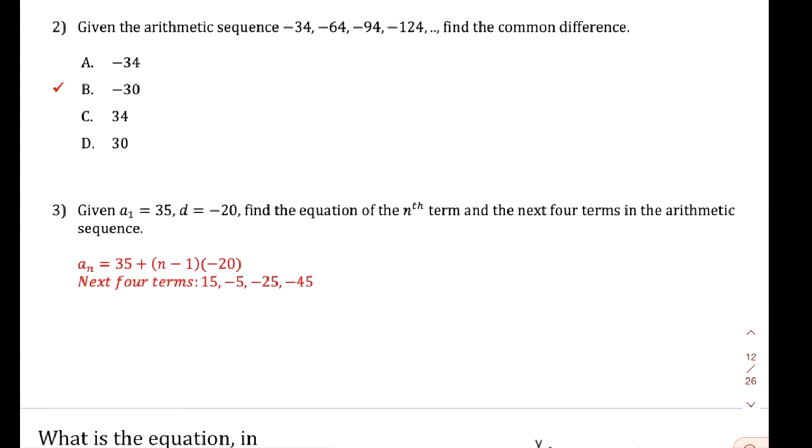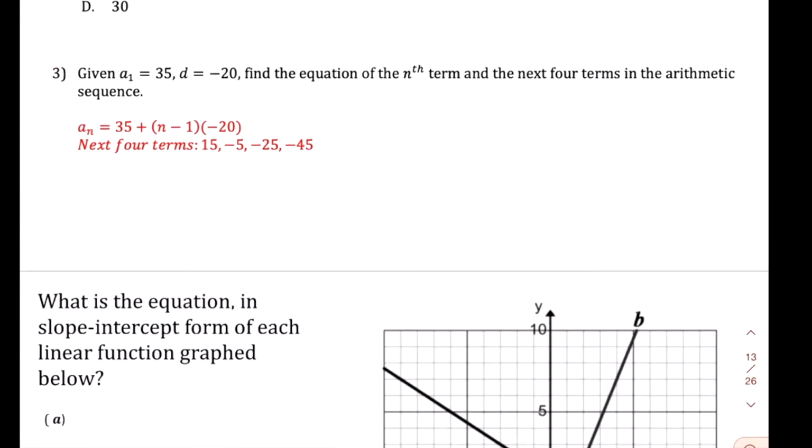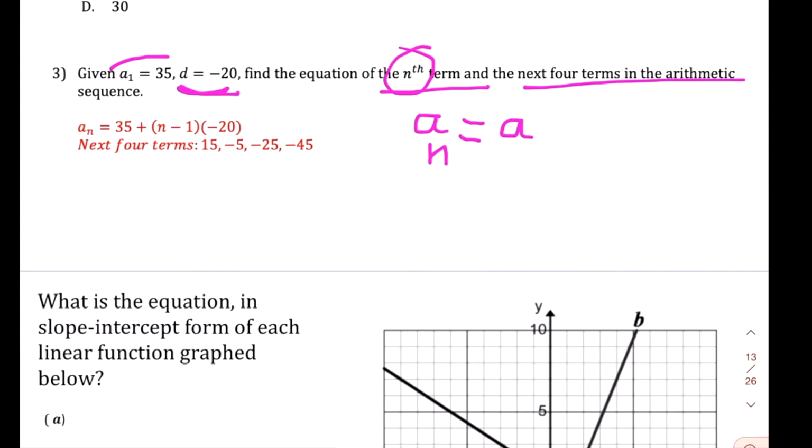Now the next question, given the first term is 35 and the common difference, this d is the common difference, negative 20, find the equation of the nth term and the next four terms. So the equation of the nth term is using the formula. So an, the nth term, equals the first term, a1, if you remember the formula, plus n minus 1 times d.